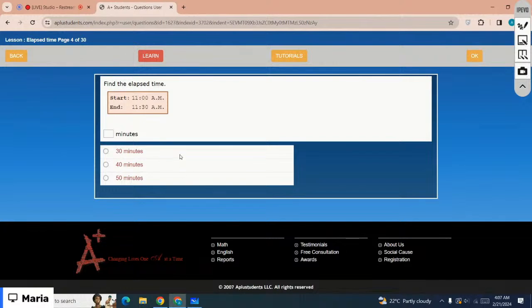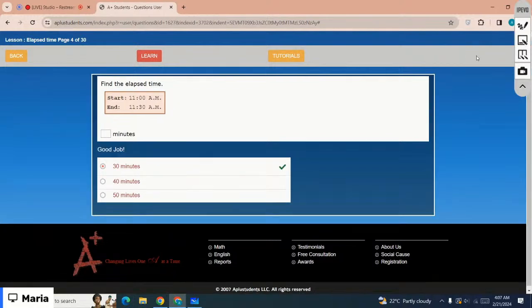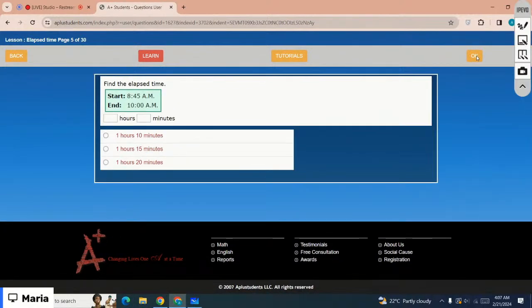Yes, that's easy, but I have to complete the lesson, because you find it easy, maybe someone finds it hard, right? Okay, the next one is find the elapsed time.